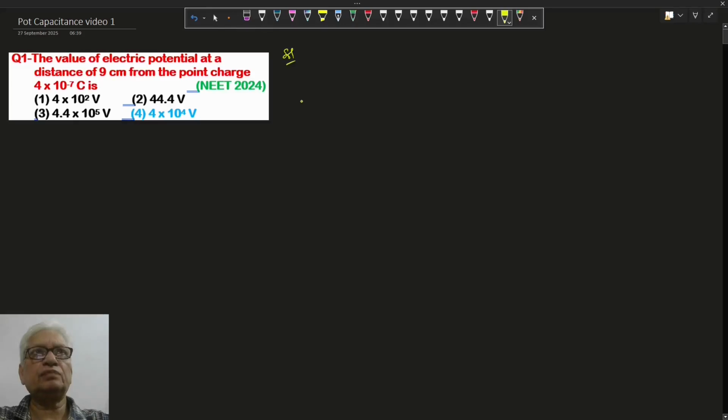Value of electrical potential at a point distance of 9 cm from the point charge is. So very simple question. We have to find the voltage. What will be the formula of voltage? KQ by R. Here the value of K, proportionality constant, is 9 into 10 to the power 9, into Q, that is 4 into 10 to the power minus 7, divided by R is 9 into 10 to the power minus 2.